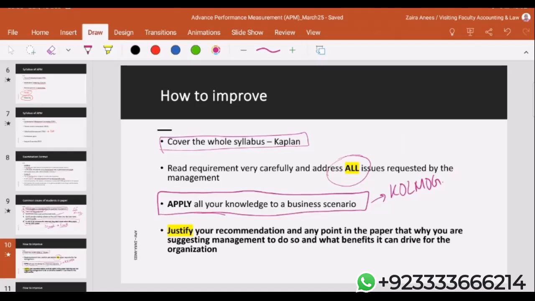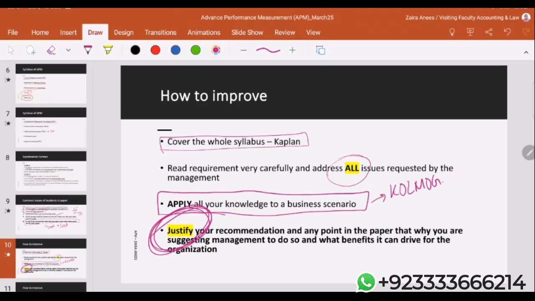That was the point where students missed their marks because they wrote the general properties of a service organization. So without applying the knowledge, despite the fact that you are writing correctly, if you are not connecting it with the scenario, probably you won't be able to get the marks, right? So that's extremely important. Justification is something without which you cannot pass your APM paper.